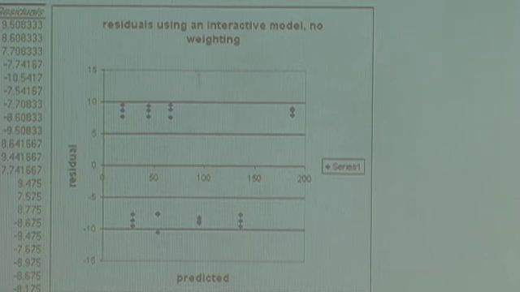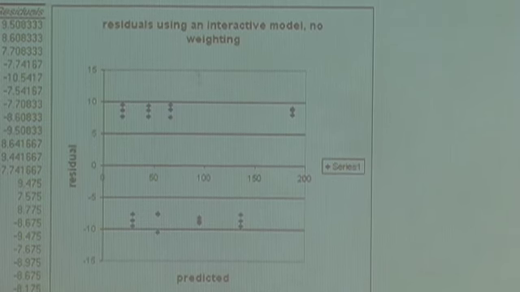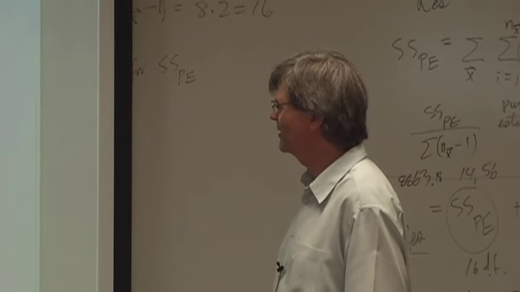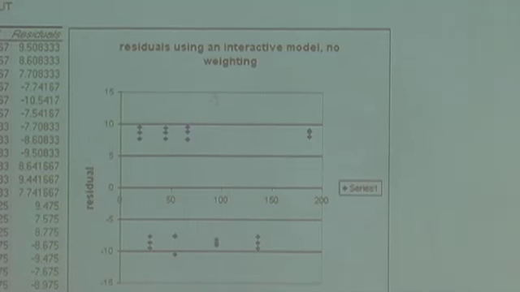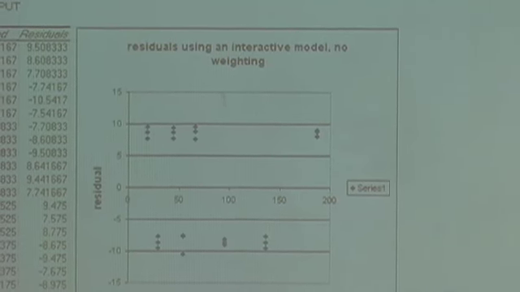There are the residuals if I use an interactive model, no weighting. Those are kind of bizarre looking residuals. Well, it's just your groups, pretty much, isn't it? Yeah, I guess they are. They're just the groups. So it's showing this still. Is that right?